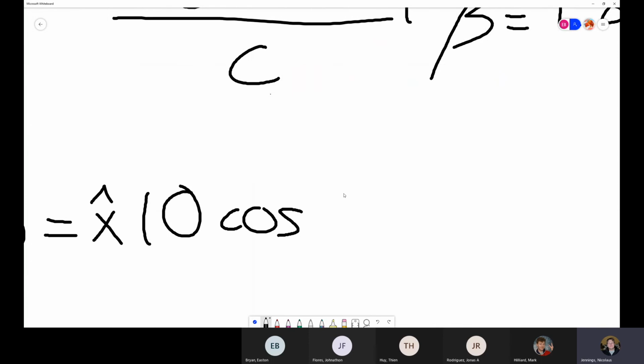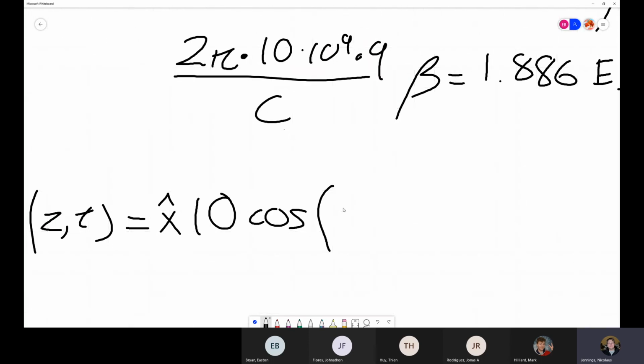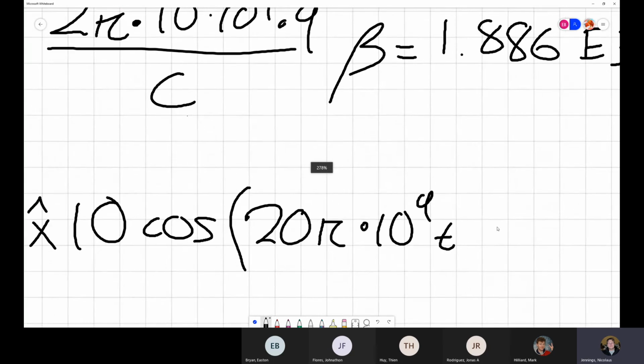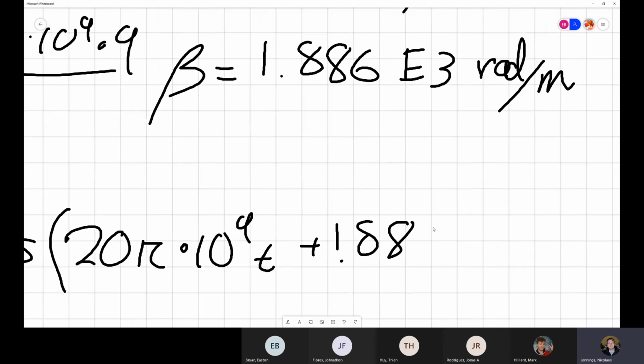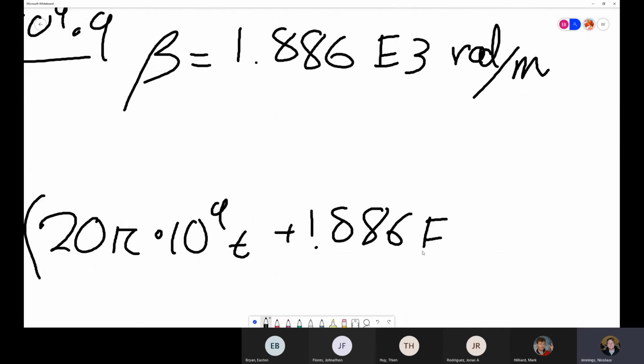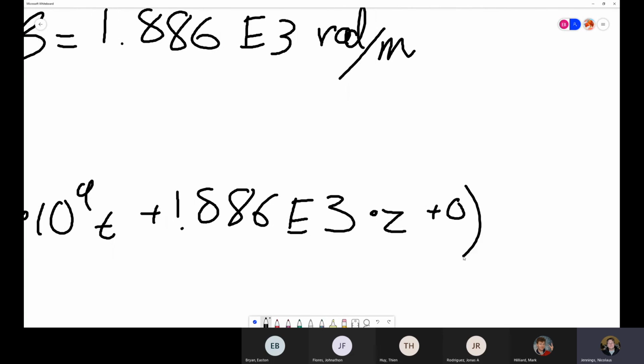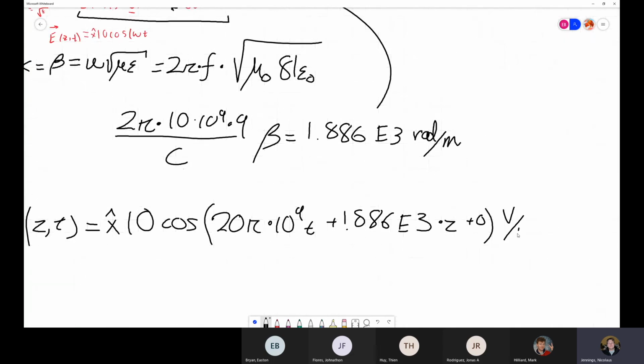You might be able to get away with writing omega t if you say what omega is, but I'll just write it down: 20 pi times 10 to the 9 t. You just take this term right here. And then we have this right here, which is plus 1.886 E3 times z. And we have plus 0. You can put a plus 0 out here for completeness if you want. And this is in volts per meter.